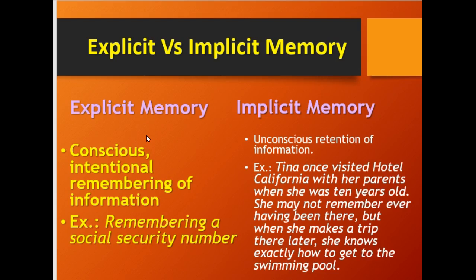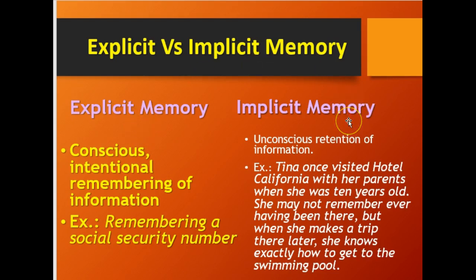You have to put forth an effort. Remembering a social security number, remembering a telephone number, remembering your driver's license number. This is effortful. You must put forth the effort to retrieve this information. That is explicit memory. It is a type of declarative memory.